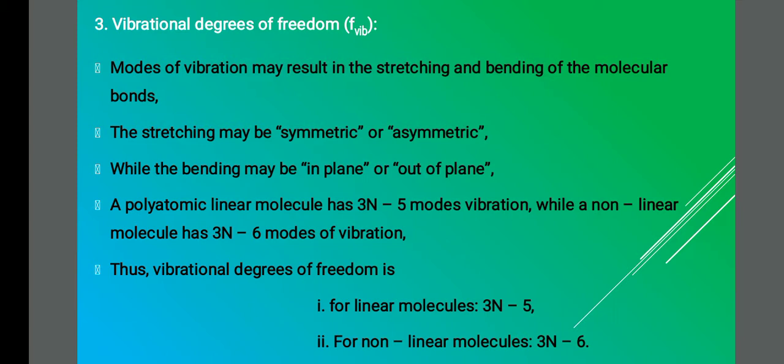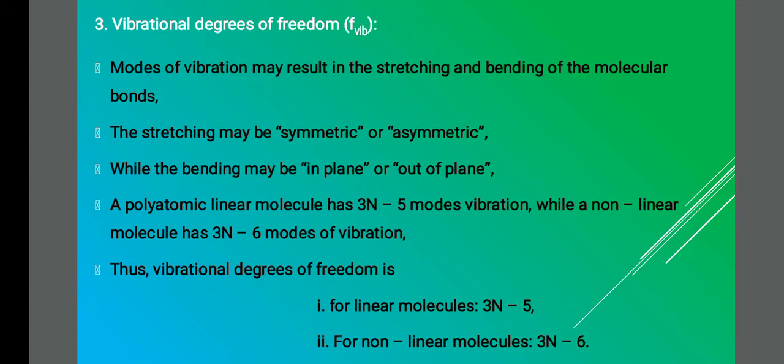Is it okay? So a polyatomic linear molecule will have 3n minus 5 modes of vibration. If you take non-linear, it is 3n minus 6 modes of vibration. I'll repeat. If you take a linear molecule, it will have 3n minus 5 modes of vibration.